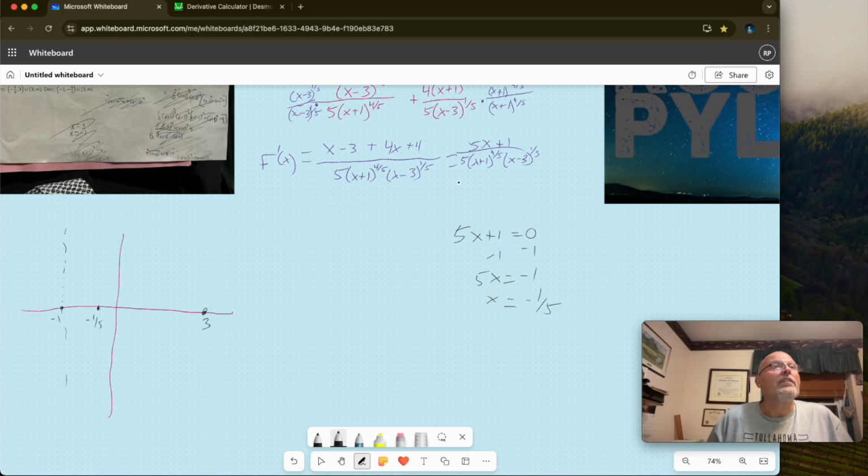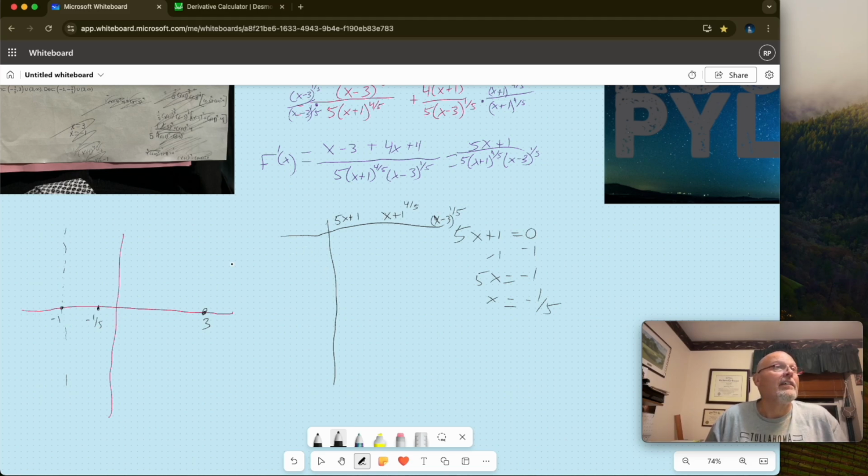So now let's try to figure out what these three terms will do at and near each of those areas. So here I'm going to have the 5x plus 1, the (x plus 1) to the 4/5, and (x minus 3) to the 1/5.